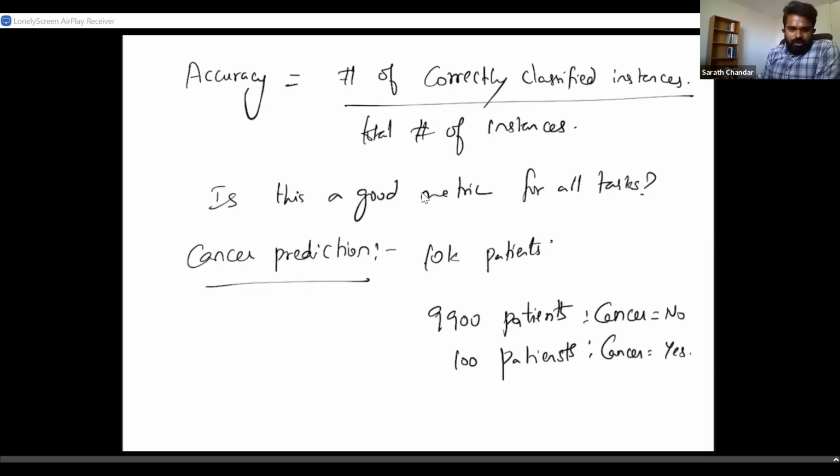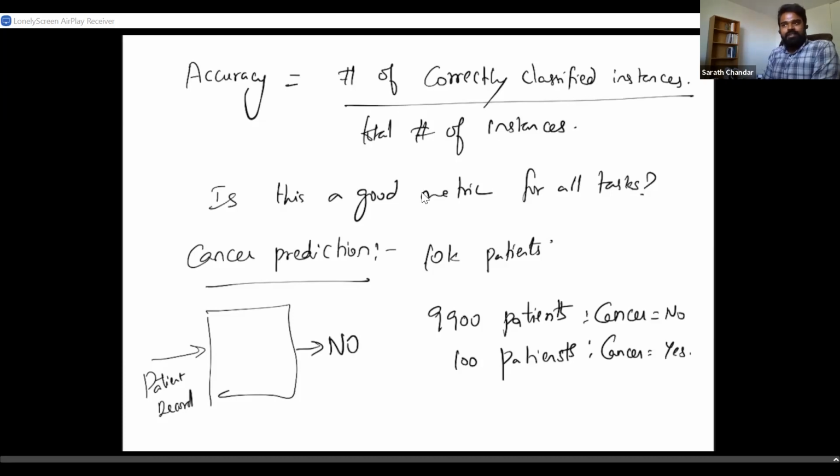Now let's consider a very simple classifier. This classifier is going to take the patient record, and there is nothing inside this classifier. It is just going to predict always no. Now what is the accuracy of this classifier on this training data?